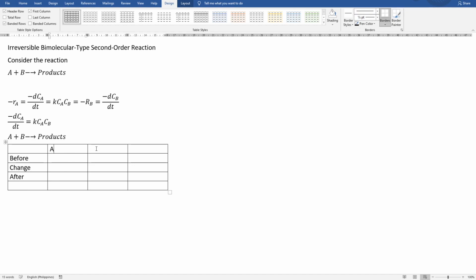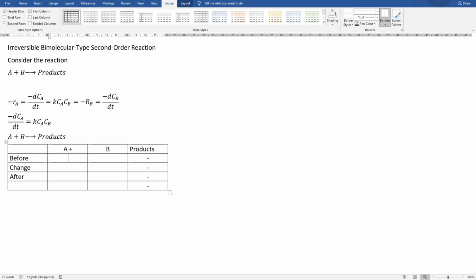So we have A, B, then products. As you all know, we don't care about the products. Let's leave it blank. So this is A plus B forming products.